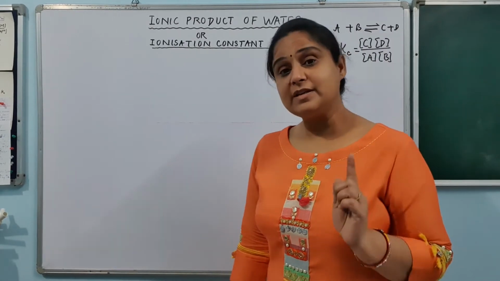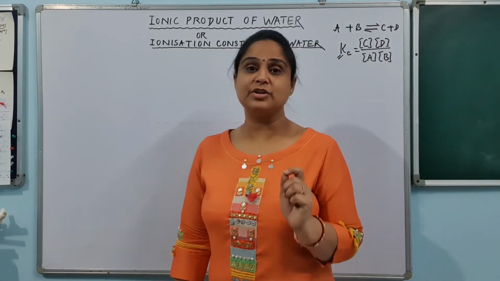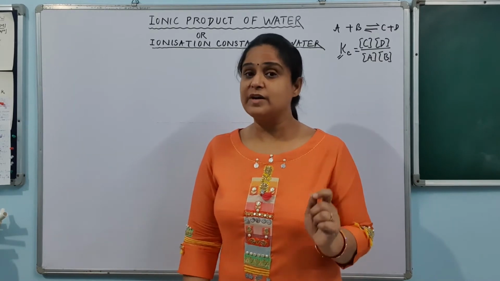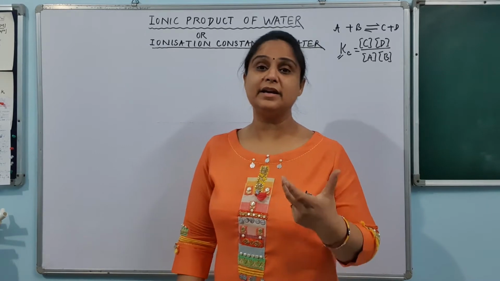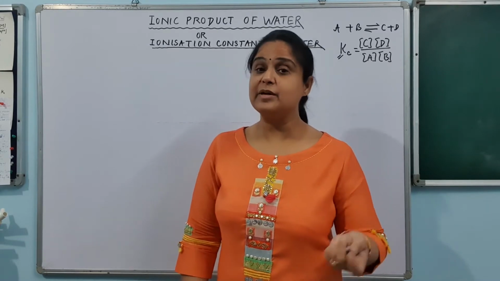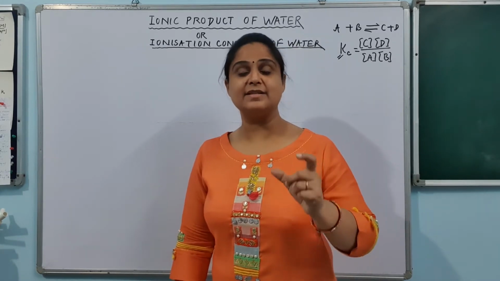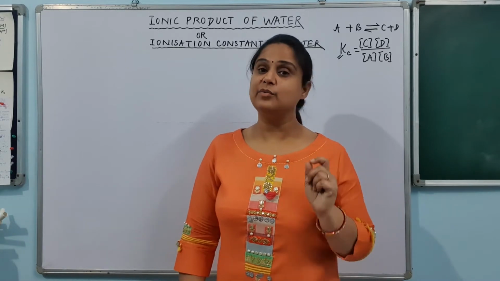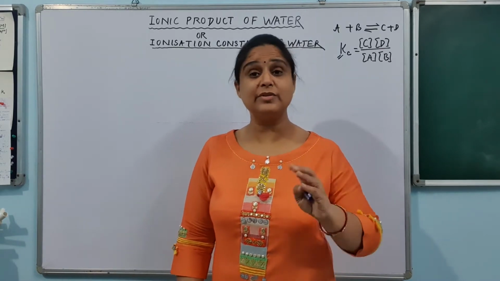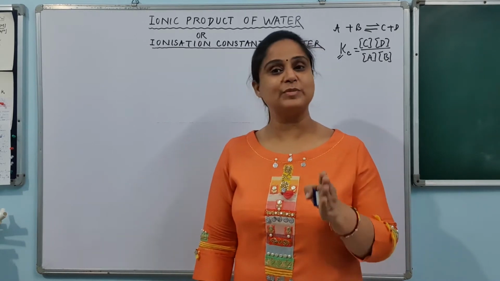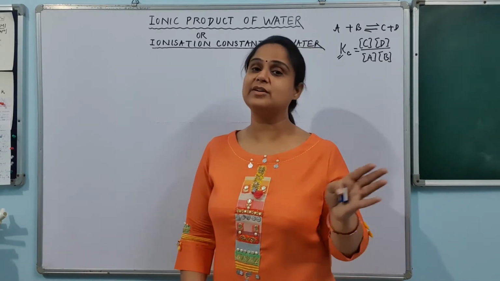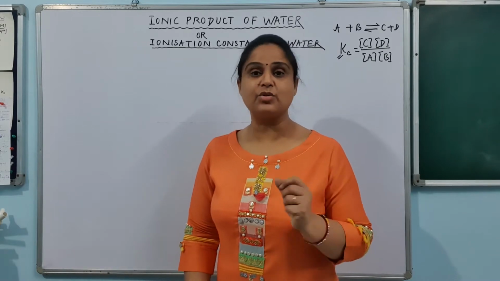But when we learned Oswald dilution law, what we have learned? Oswald dilution law was explained by taking the ionic equilibrium. Ionic equilibrium of those substances or those electrolytes which are weak electrolytes, because only they remain in equilibrium. Strong electrolytes dissociate completely, so we cannot apply the concept of equilibrium on strong electrolytes.